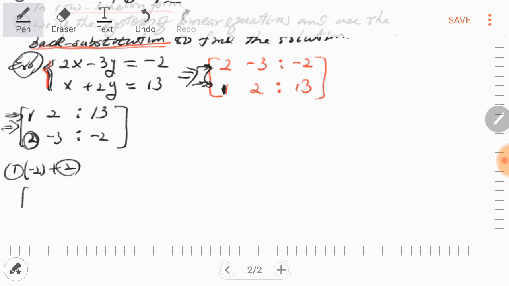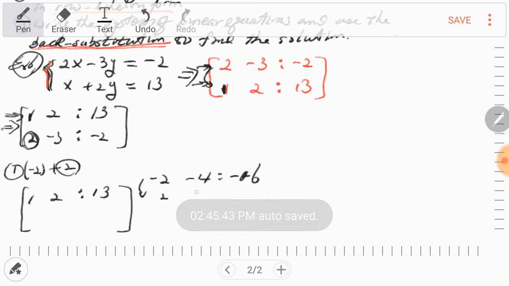So the first row is this, and the second row will be: multiply the first row by -2, so -2, -4, -26. And then add this one to the second row.